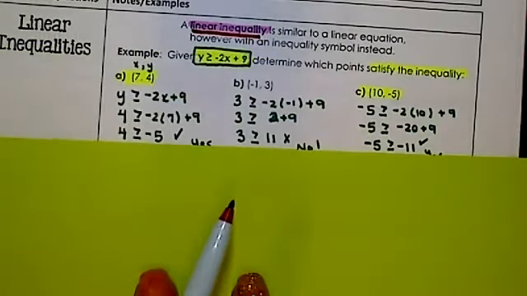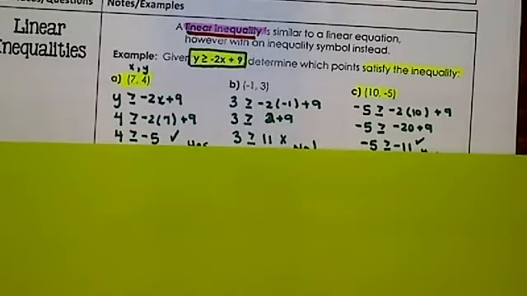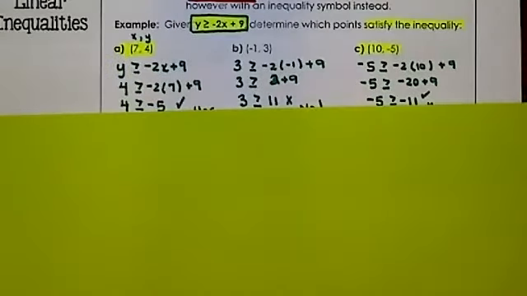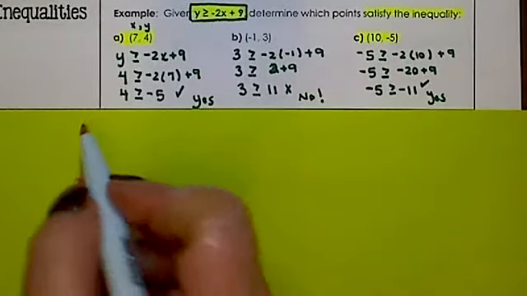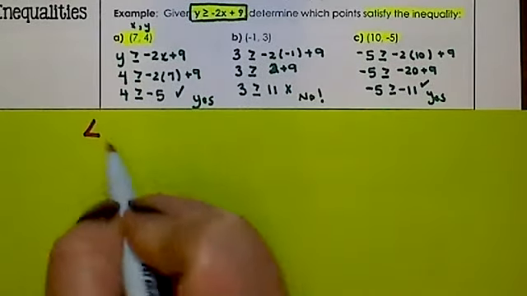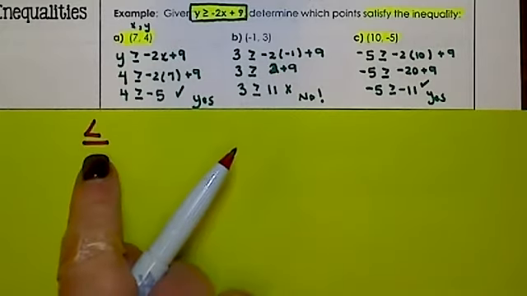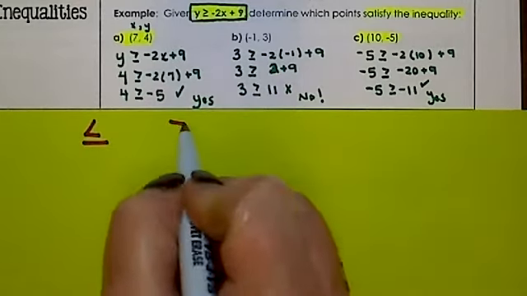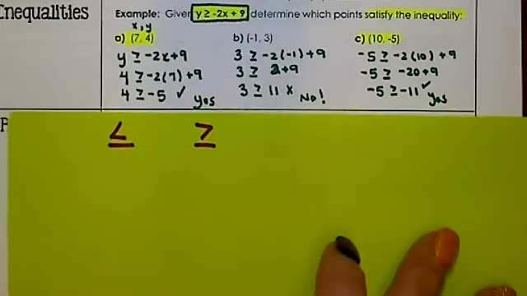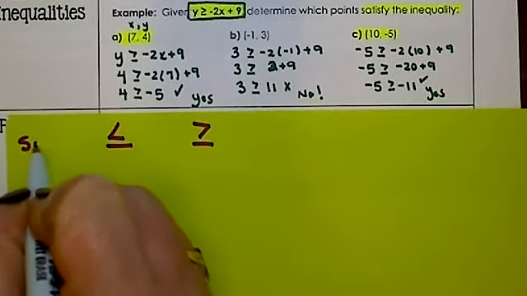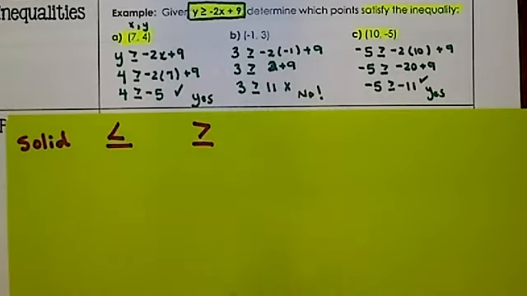What this is talking about, if you want to write this portion down on a separate sheet of paper, it'll probably help you with your work on this. The first thing when you look, you want to decide if it's got an equal to line under it or not. If it's got an equal to line, that means that your boundary line is going to be solid.